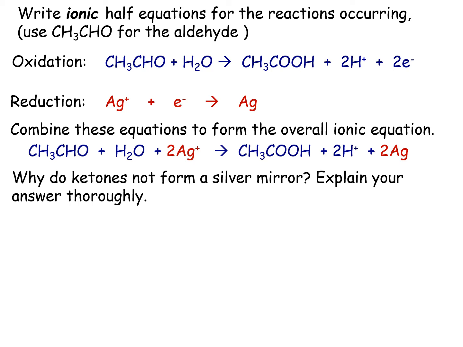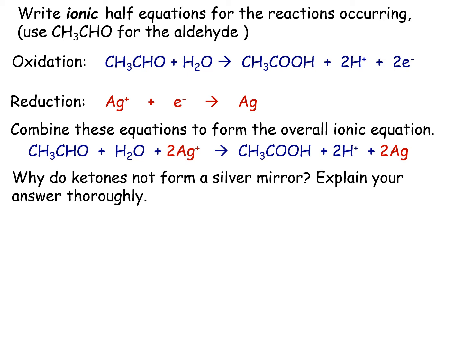Okay, the last question then, why do ketones not form a silver mirror? Explain your answer thoroughly. Okay, so we know that ketones can't be oxidized. Now, if we said that, that's correct, but it's not enough, because you're asked to explain your answer thoroughly.